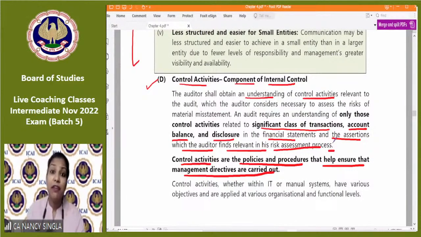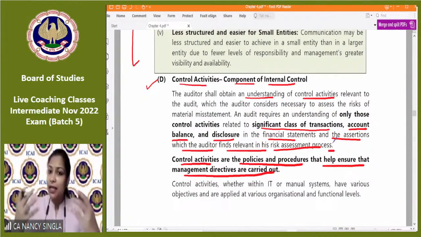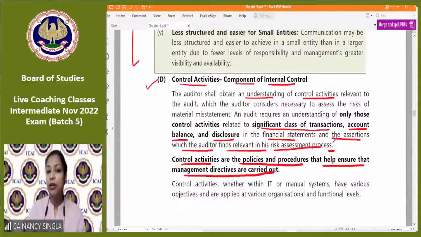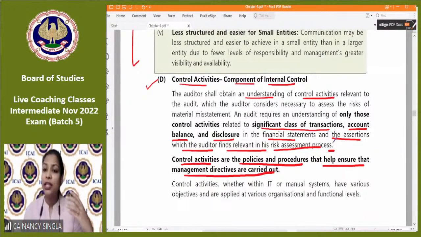When we understood the internal control, if you remember, we did a topic, controls relevant to audit. Same way, control activities that are relevant to the auditor's understanding of risk assessment process, which are related to significant classes of transactions, account balance, and disclosure in the financial statement, the auditor needs to obtain an understanding about that.